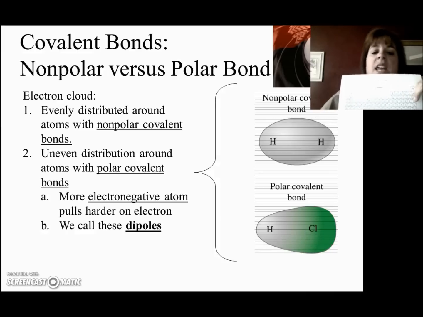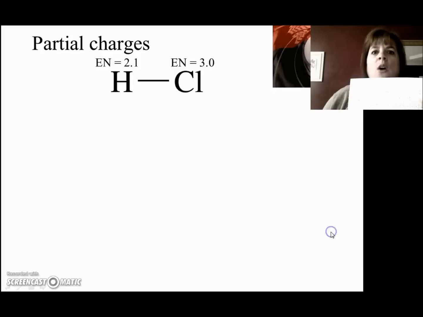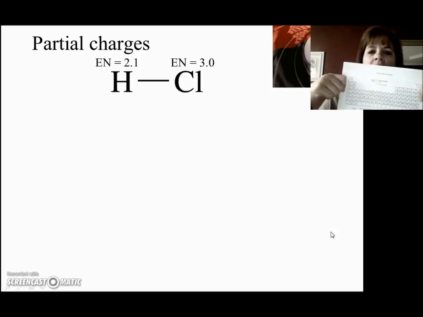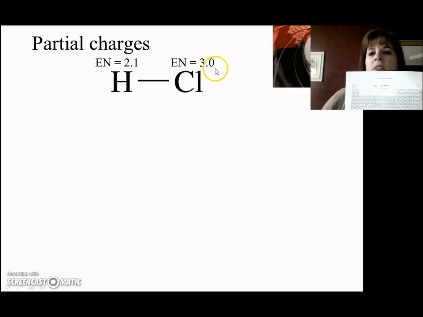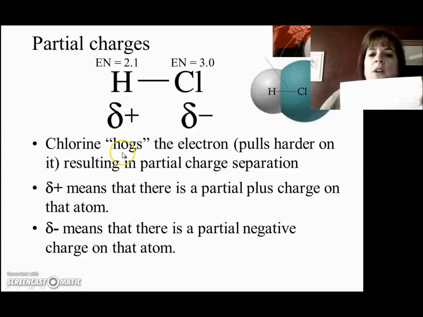Now, we actually have a name for these types of molecules. They're called dipoles. Two poles. Interesting. Why do we call them dipoles? Well, if we take a look, again, here's our hydrogen and chlorine, and I put the electronegativities up here. There are the ones that you find on the periodic table. And so this is kind of what the representation would look like. What happens is that chlorine hogs the electron. It pulls harder on it.